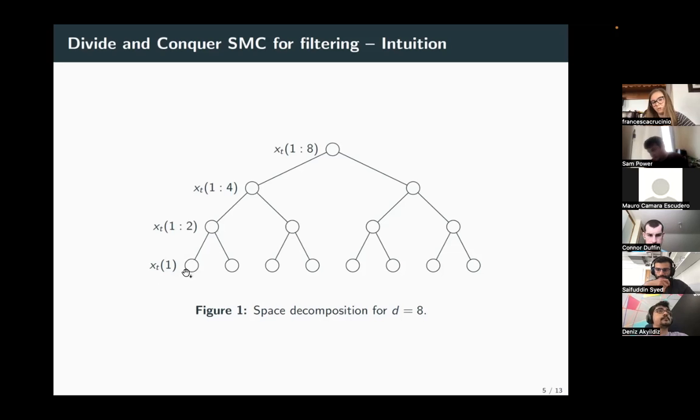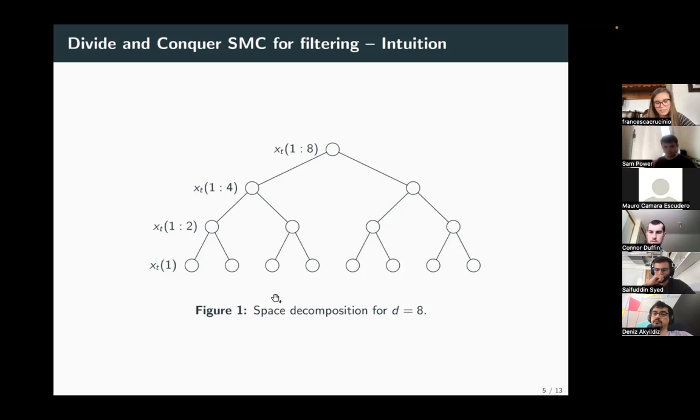We have information on the marginals, so we expect that if we know the marginals, we can guess where the joint is. That's pretty much the idea. The way in which these merging steps happen is according to the divide and conquer paradigm. So it's basically a combination of importance weights.